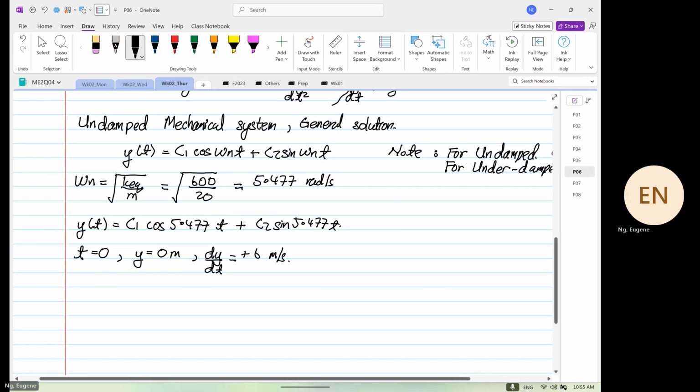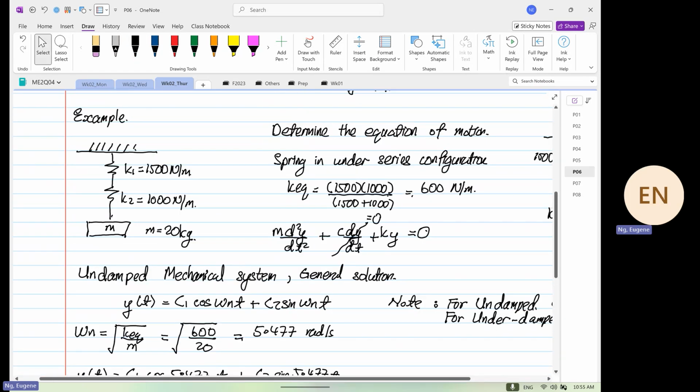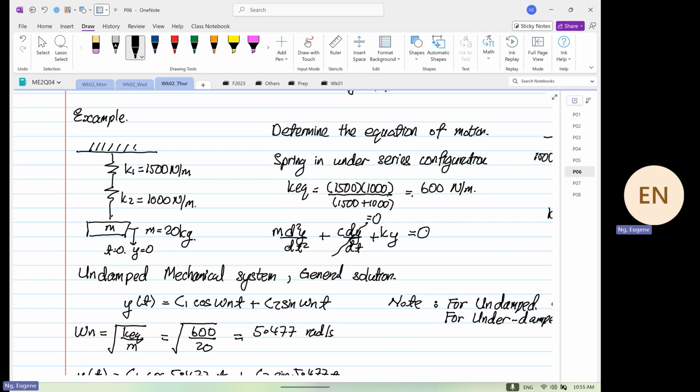Okay. So what it means at this position over here, when y equals 0, or when time is equal to 0, I'm going to impose a velocity. I'm going to push a velocity, and the pushing hand is going down at 6 meters per second.